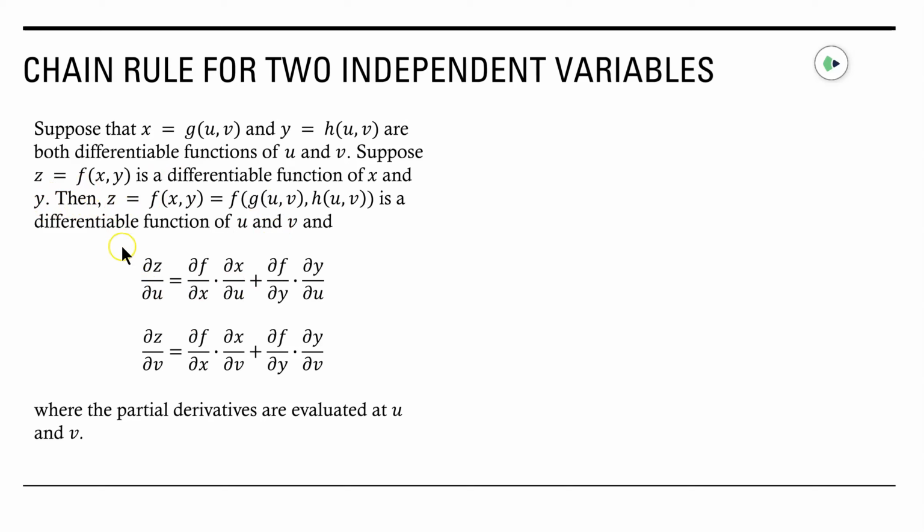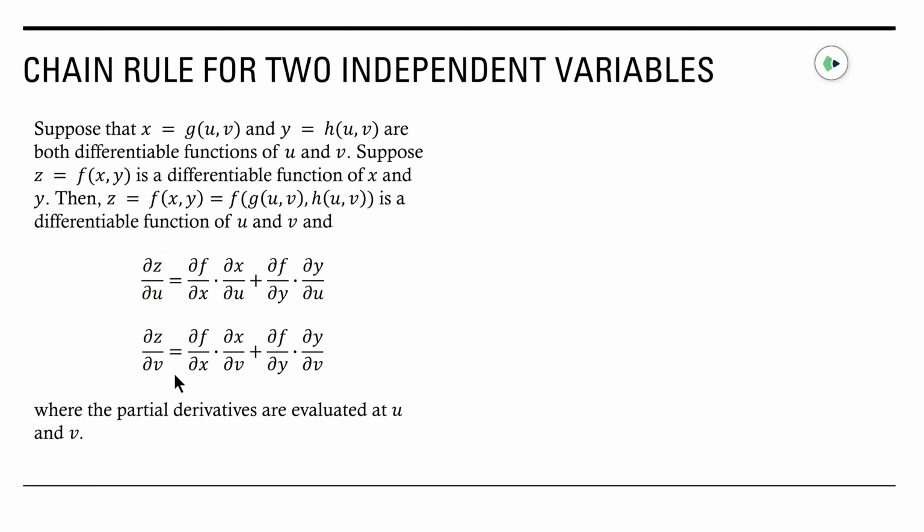And then we have these partial derivatives for z, because z is a function of x and y, in the long run it actually is a function of u and v. So z is now a function of two variables, meaning it has two partial derivatives.